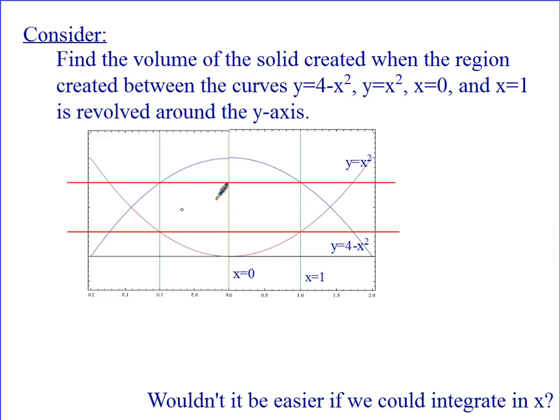Alright, so consider this problem. Find the volume of the solid created when the region between the curves y equals 4 minus x squared, which is this guy right here, y equals x squared, which is this guy right here, x equals 0, and x equals 1 is revolved.